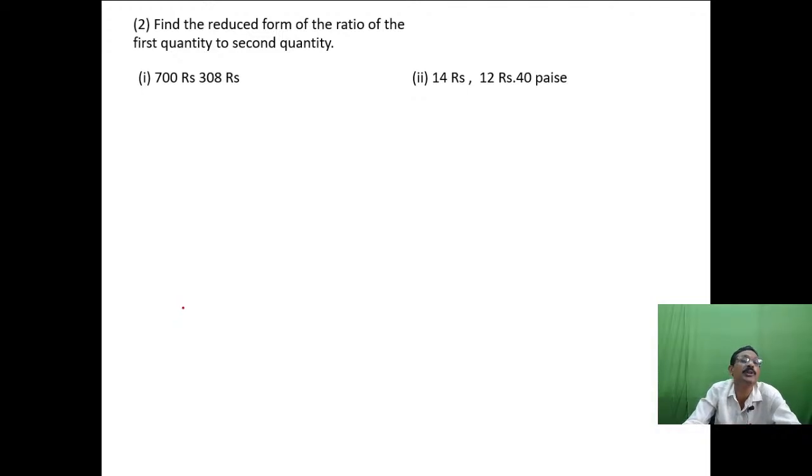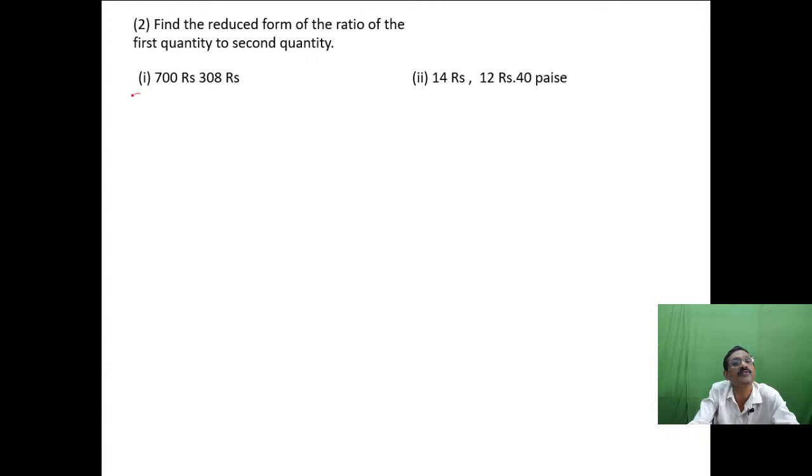Here we have to keep in mind that when two quantities are given to us, are the two quantities the same? If yes, it is given to us as same, then we can solve it. If it is not the same, then we will bring it to the same quantity.